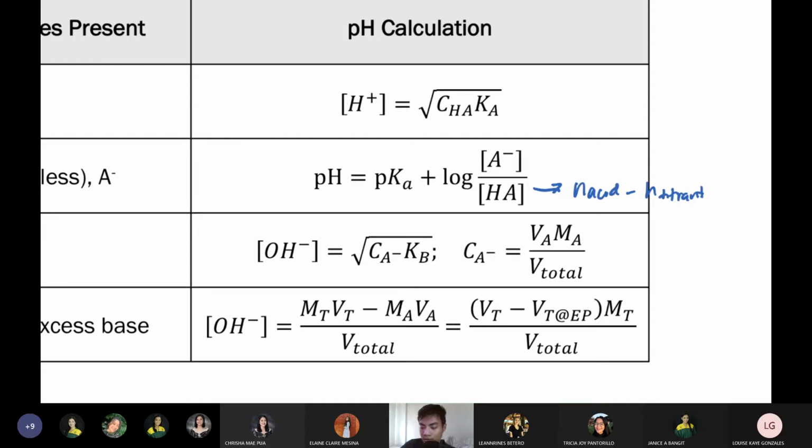Okay? So, ano yung acid natin? Analyte. So, let me erase this again. So, ang acid ay analyte. So, to express the mole of the acid, that's MAVA, molarity of analyte times the volume of analyte. And to express the mole of the base added or the titrant, that's MTVT.